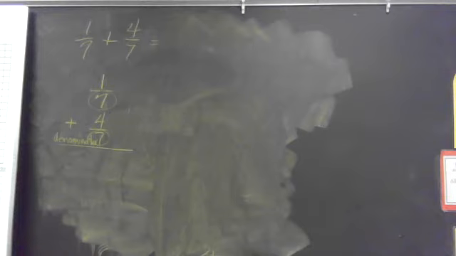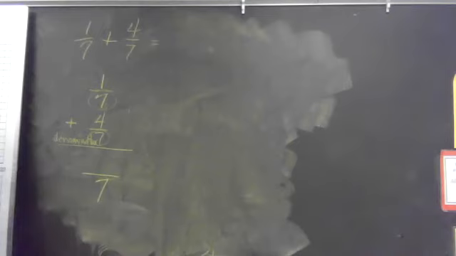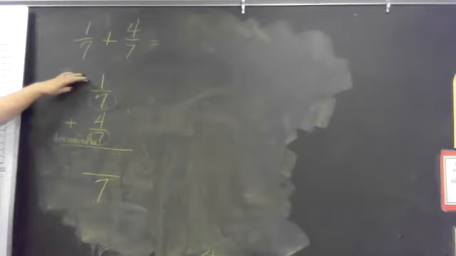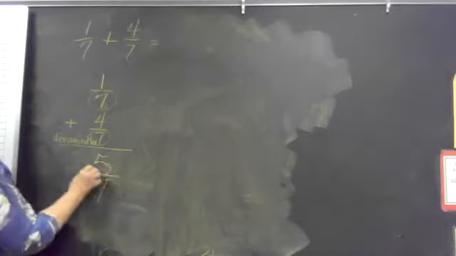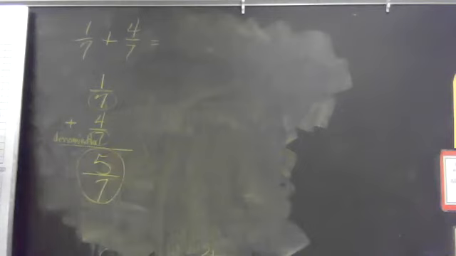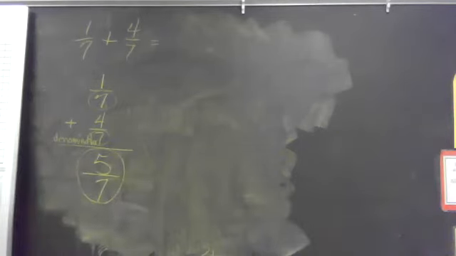You don't have to do anything to this problem except bring down the denominator. The answer will always have the same denominator. And then the numerator, the top, you simply do the addition. 1 plus 4 is 5. And your answer is 5/7. That's on problems that have a common denominator.